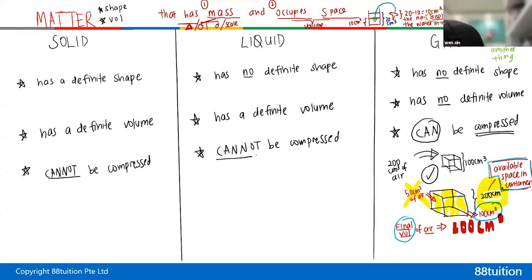100. What is the available space inside the container, Wen-Xin? What is the available space inside the container? Hello, what is the available space inside the container?